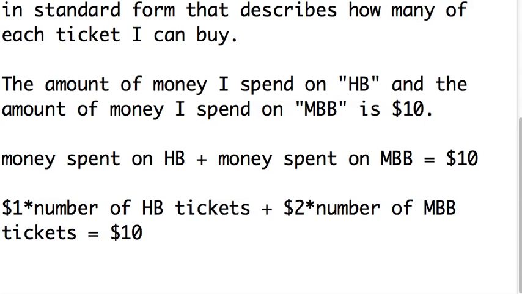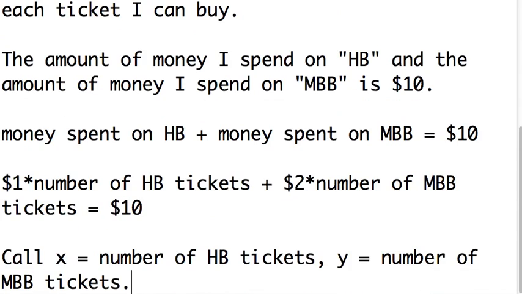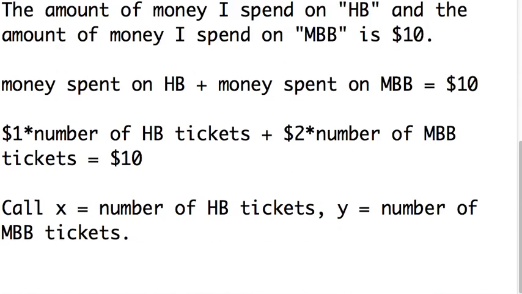So let's just call x the number of Happy Birthday tickets and y the number of Moneyball Bingo tickets. Then replacing the number of Happy Birthday tickets with x and the number of Moneyball Bingo tickets with y, I end up with $1 times x plus $2 times y is equal to $10.